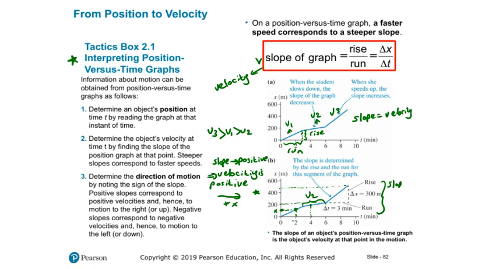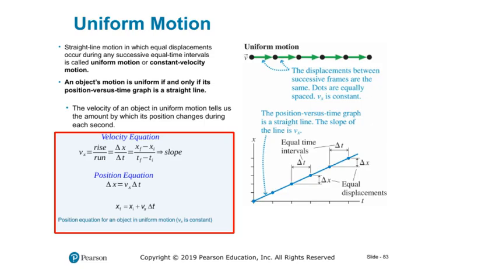Uphill tilted slopes will be positive, so in this case all the slopes are positive, and downward tilted slopes are negative. So here we all have positive slopes. That means the car, the object, is always moving in the plus direction. If it's along x, to the right. If it's along y, it would be up.